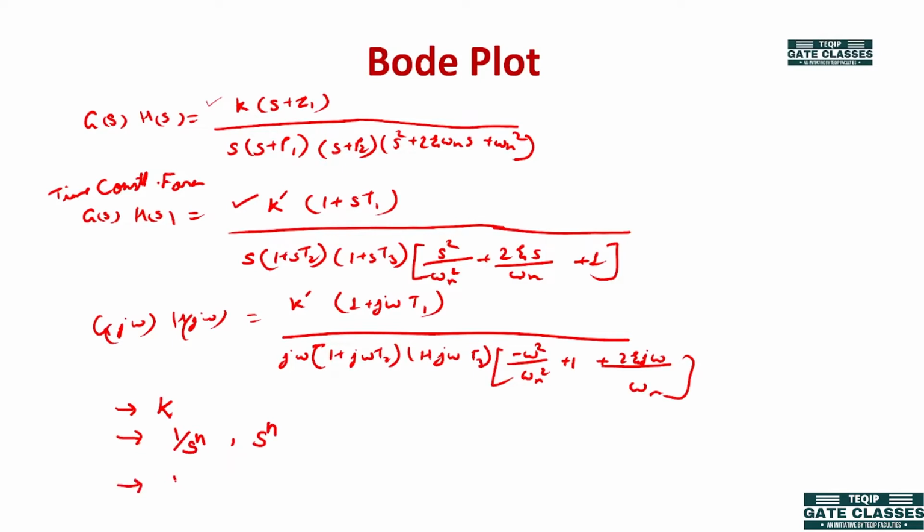We may have first order terms, poles or zeros, and we may have second order terms, in pole or in zero. Okay.